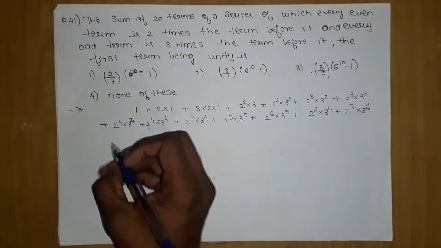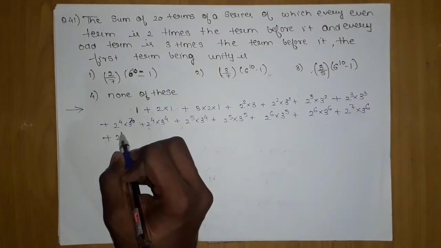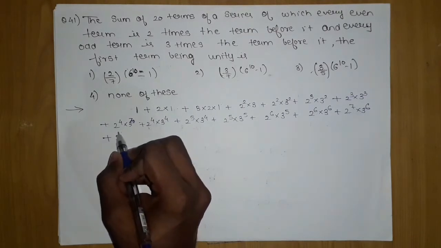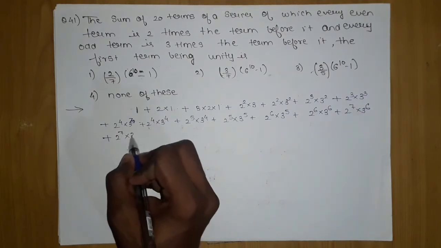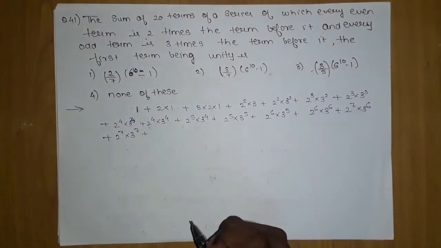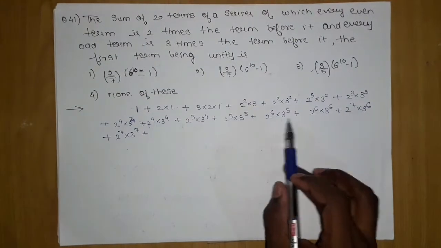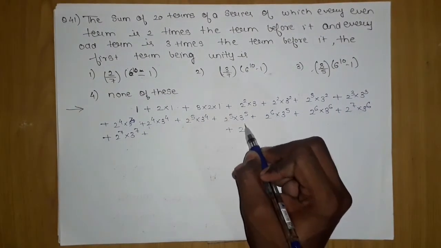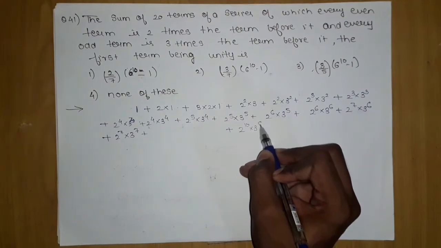And 2 power 7 into 3 power 7. We have to take 20 terms. I should write the last term directly, so if I observe the pattern, instead of writing the whole series, the last term will be 2 power 10 into 3 power 9.